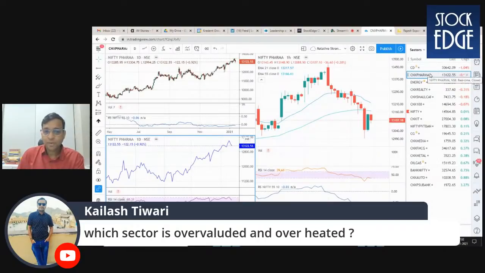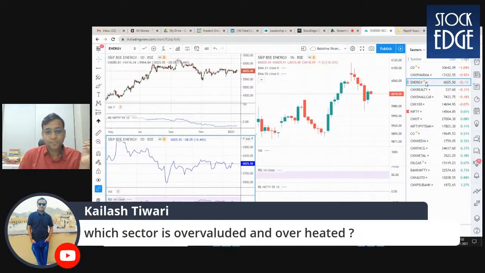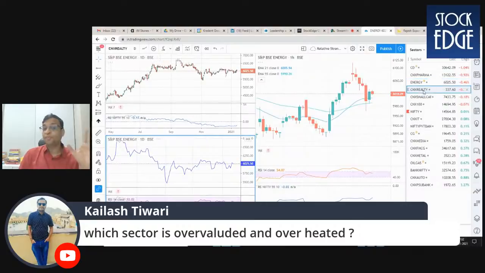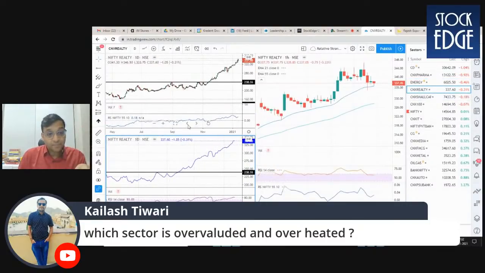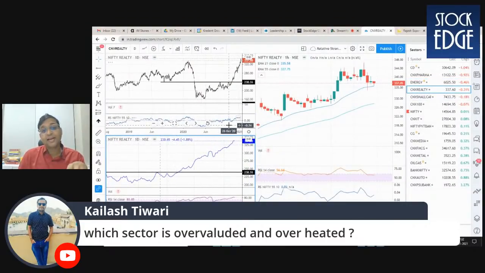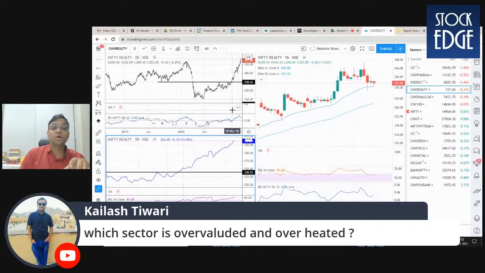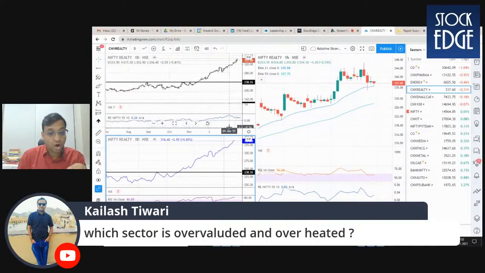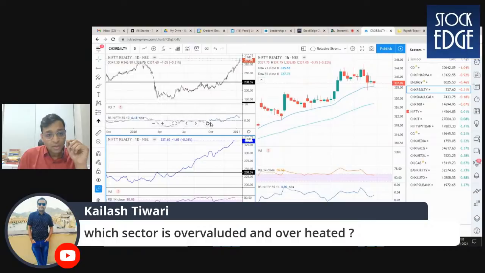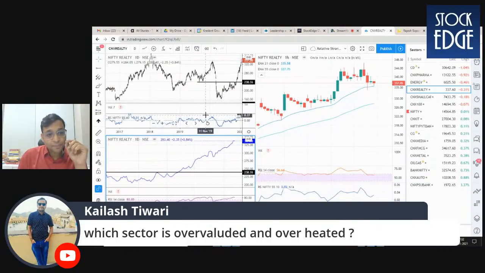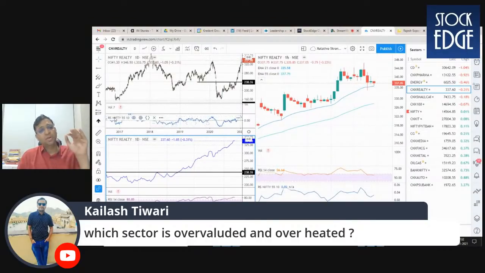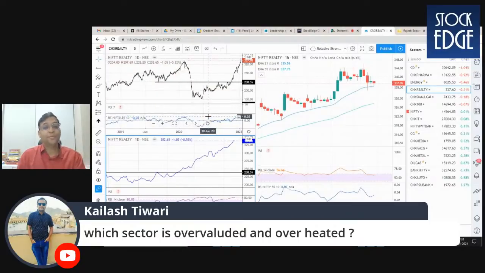So let's observe which sector. Pharma, moderate performance vis-a-vis Nifty. Energy, not performed much. Realty, you can say that it has really outperformed and is going up very strong. But if you look at the RS, the indicator which I typically use, historical RS still has scope of going higher. It still has scope of outperforming the Nifty.